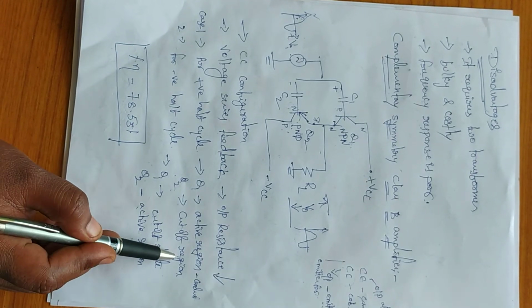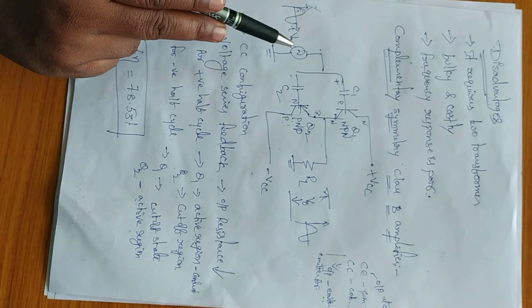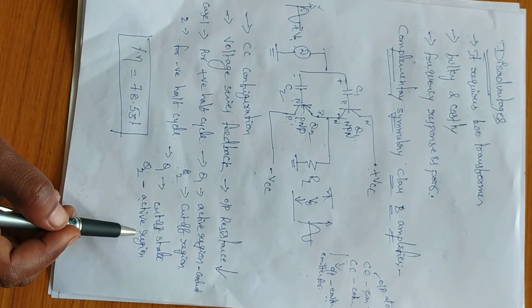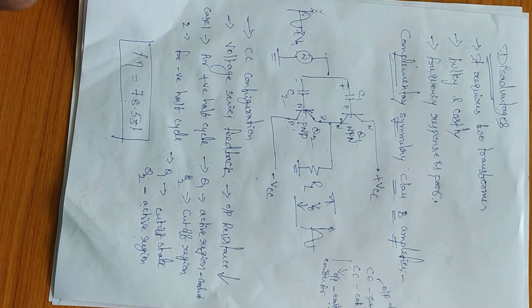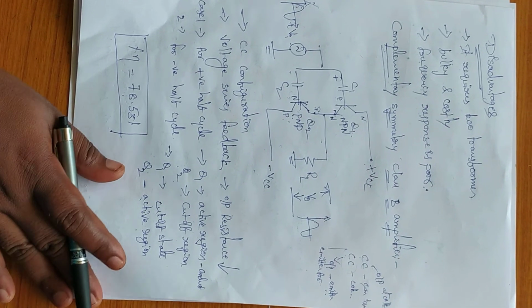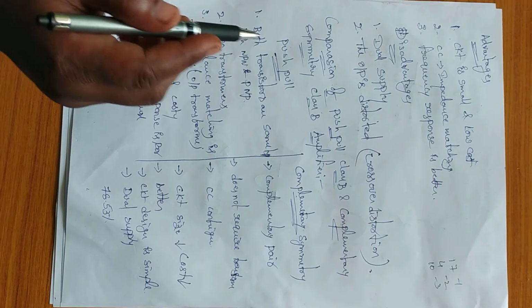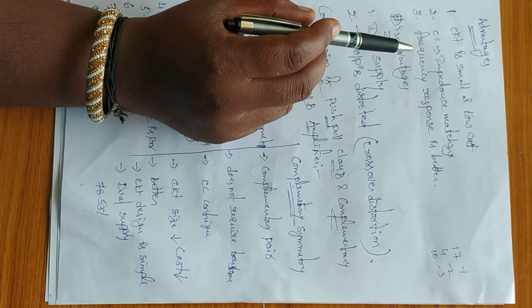Q2 is in cutoff region. Similarly, for negative half cycle, Q1 is in cutoff state, Q2 is in active region. So efficiency is similar to the class B push-pull amplifier, that is 78.53%.